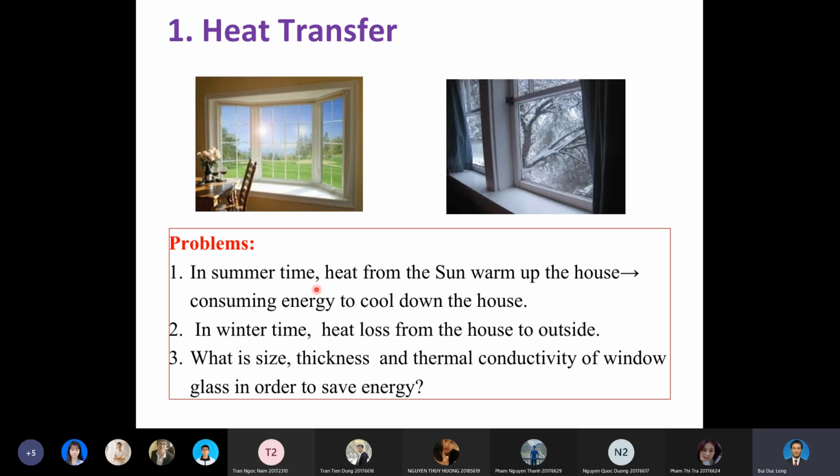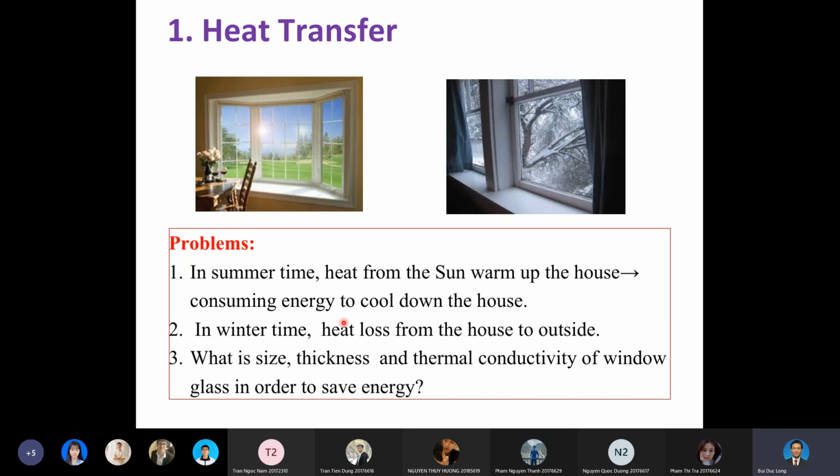But in the summertime the heat from the sun will warm up the house, and the system needs to consume more energy to cool down the house. If you have a larger window, you have to spend more energy to keep the house cool. Of course you have a nice view, but you have to pay more cost or energy.